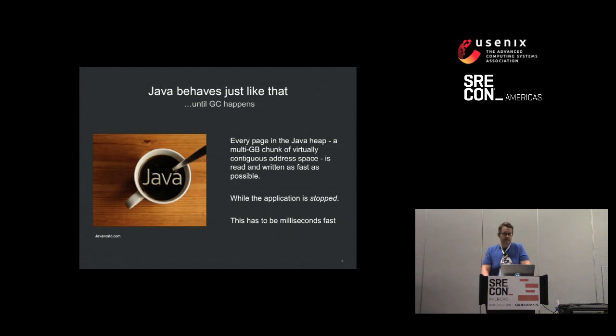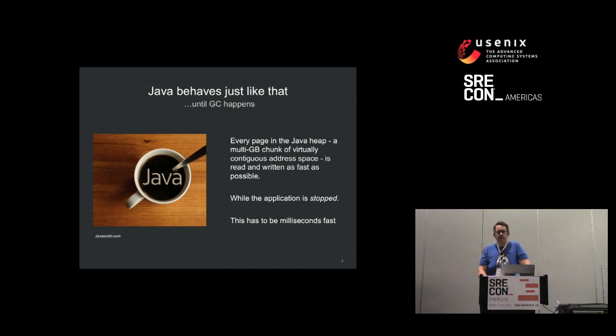So Java behaves just like the programs that this feature is designed to support, right up to the point when GC happens. When you GC, there is a thread inside the Java process, and it walks over the entirety of the Java heap, which is in modern systems, a multi-gigabyte virtually contiguous allocation of memory.